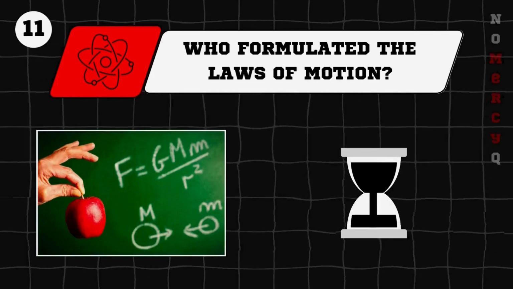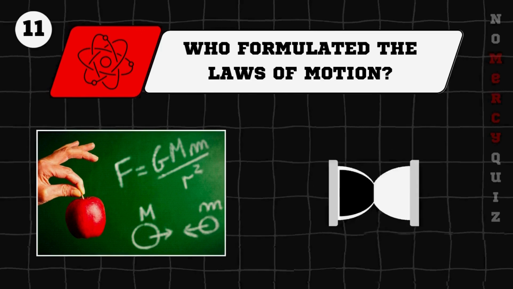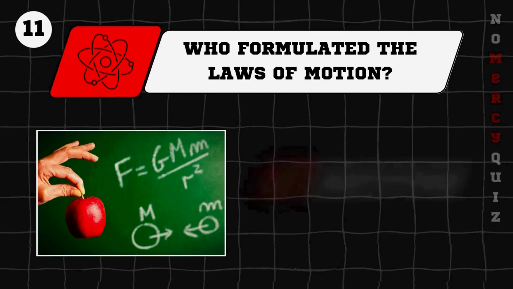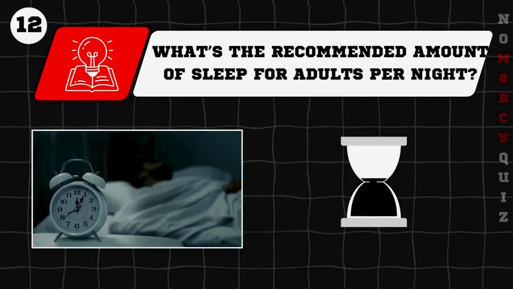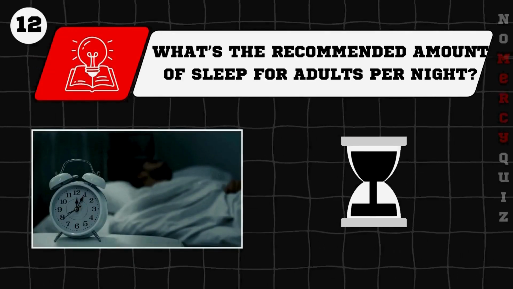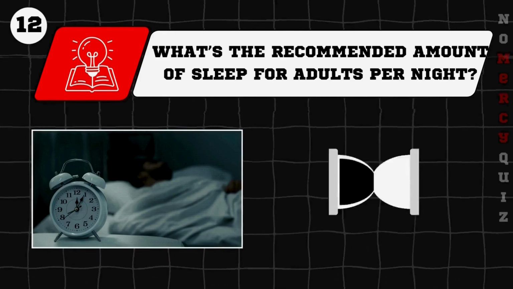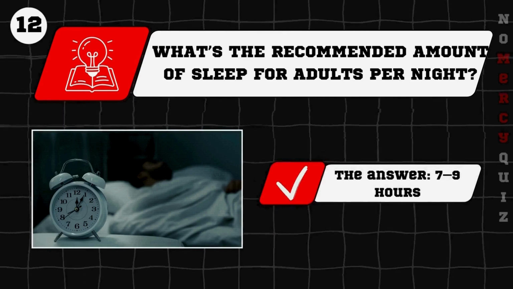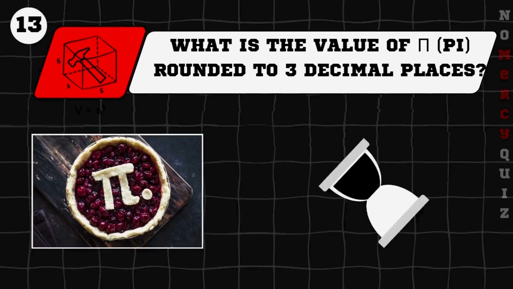Who formulated the laws of motion? It was Newton. What's the recommended amount of sleep for adults per night? Seven to 9 hours. What is the value of pi rounded to 3 decimal places?